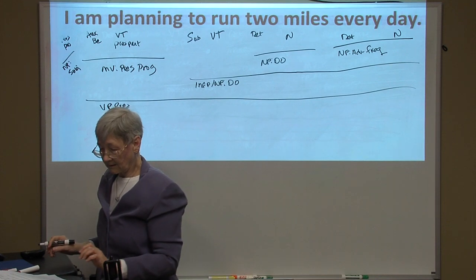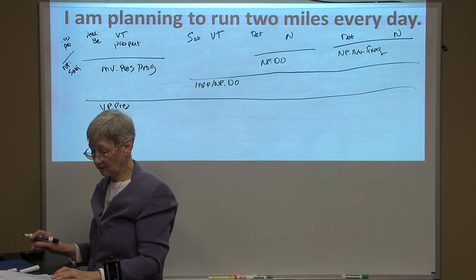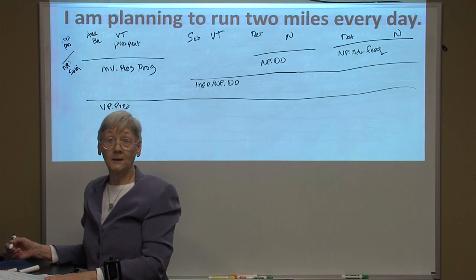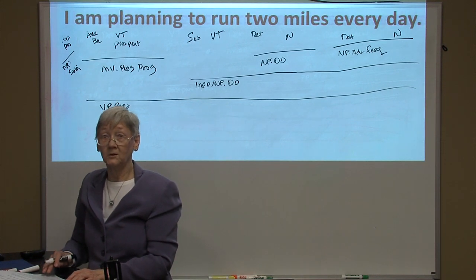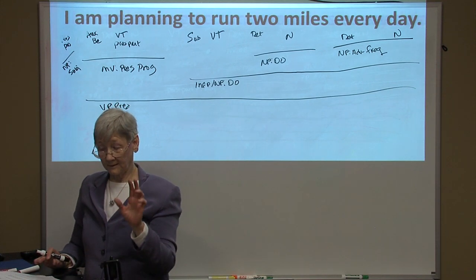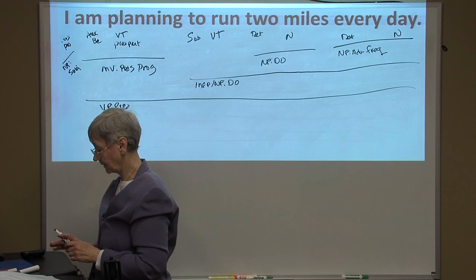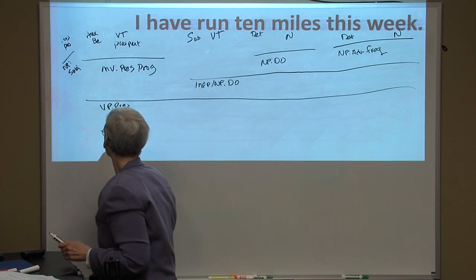If this sentence were I was planning to run 2 miles every day, the parsing would remain exactly the same except for the tense of the main verb, which would be past progressive. Remember that numbers and words like every belong to the class of determiners because they quantify. Now let's look at auxiliary have and the perfect aspect.